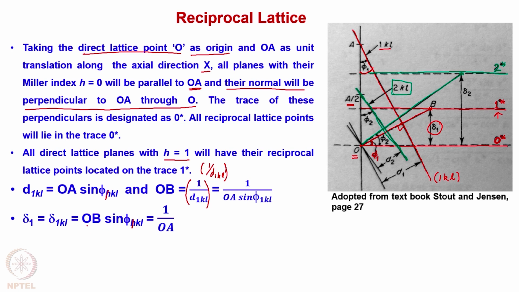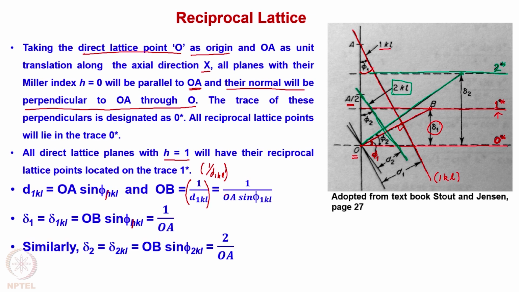So OB sine phi 1KL is equal to 1 by OA, because OB is equal to 1 by OA sine phi 1KL.